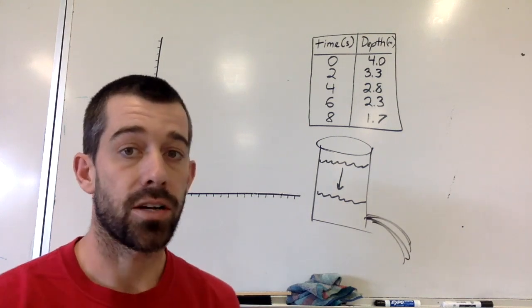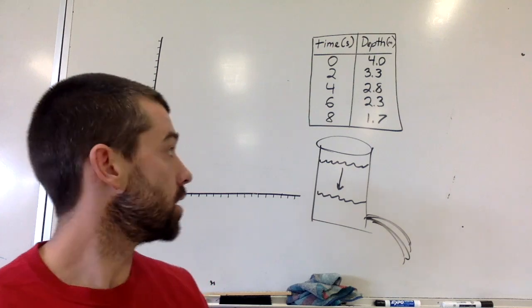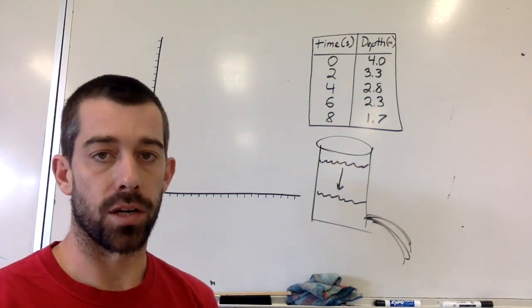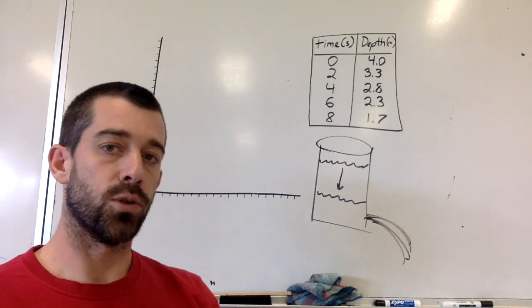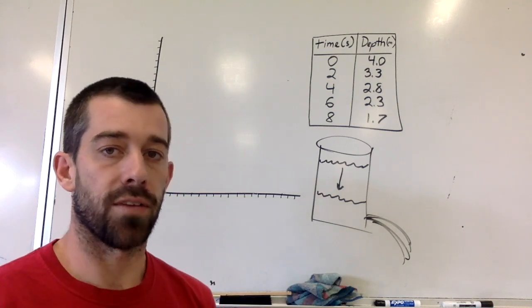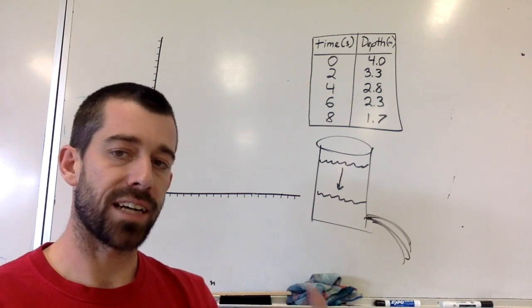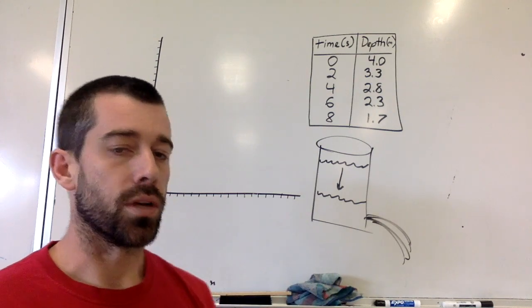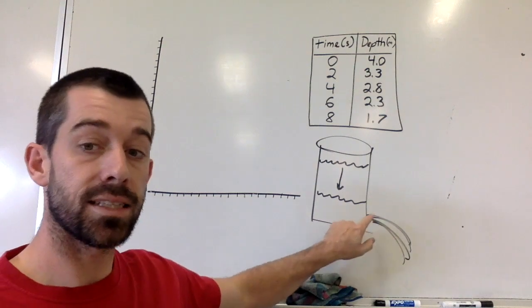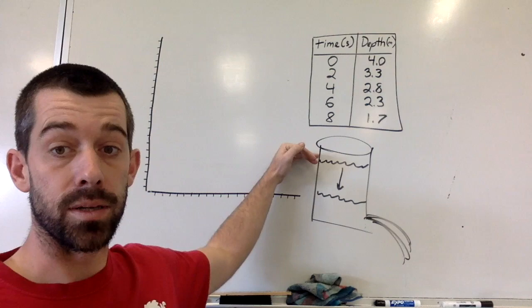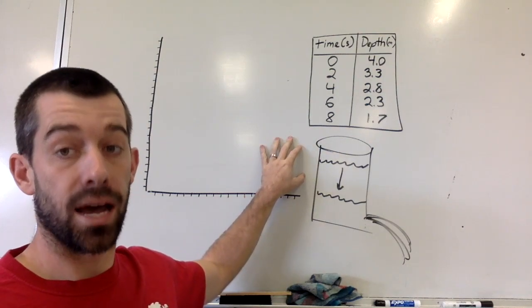First question is actually which of these variables that we're graphing is the independent variable and which is the dependent variable. Remember, the independent variable is what you, the experimenter, would have control over, and the dependent variable is affected by that. So if you have a hole in the side of a container, what you have control over is the amount of time that that water has been flowing out.